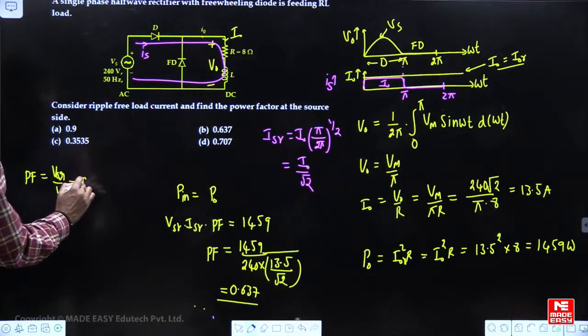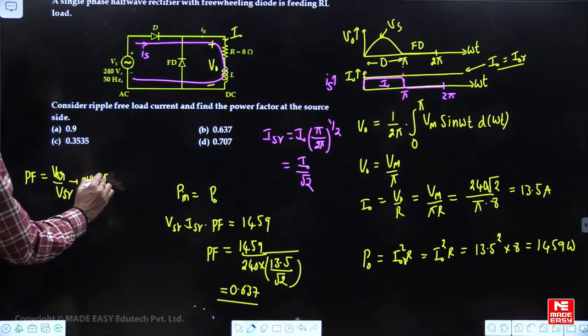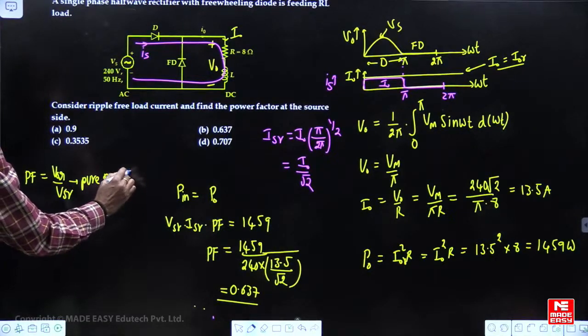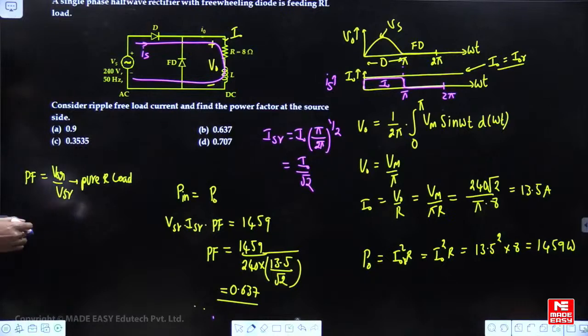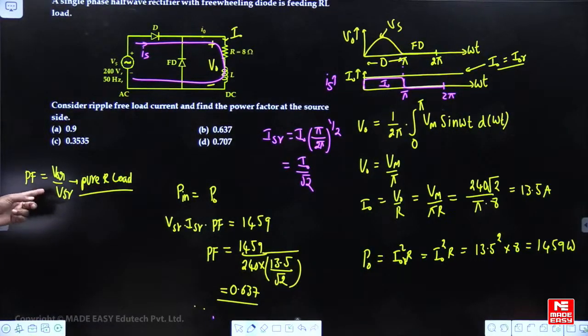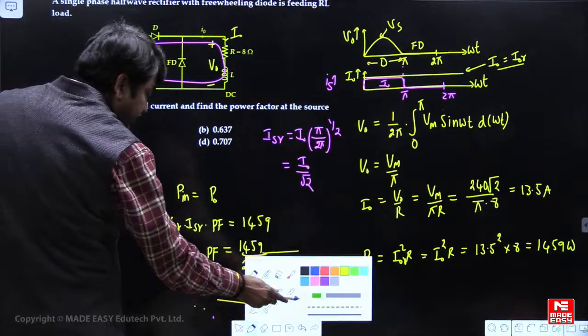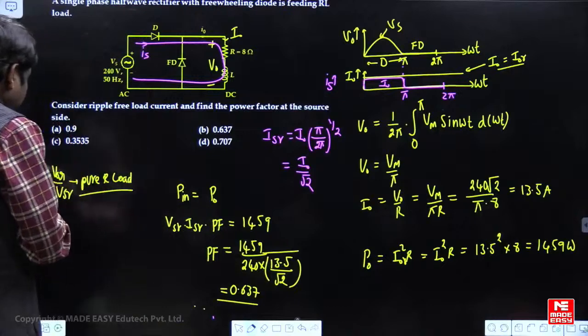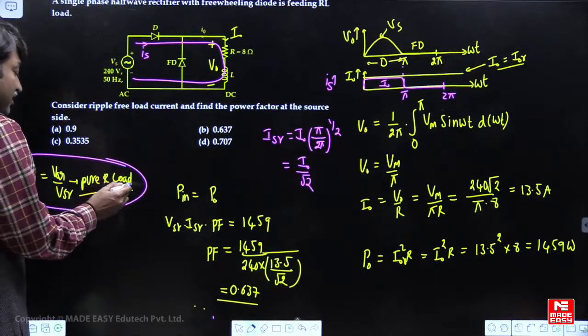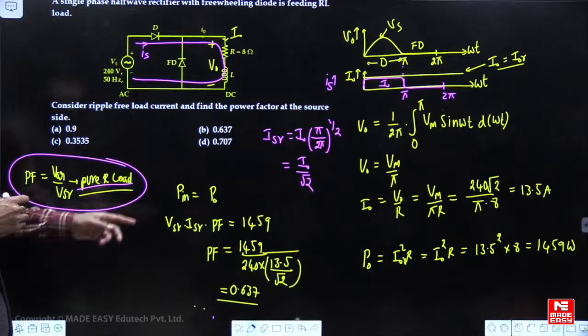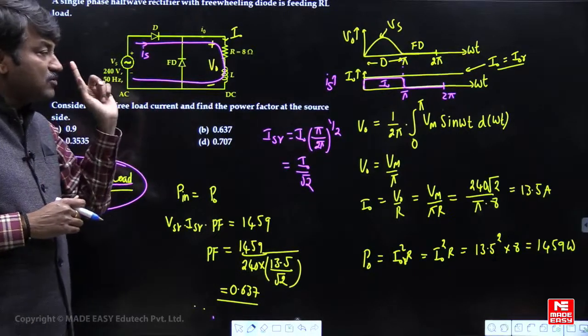This is for pure resistive load. This formula is not valid for RL load. Some of the students used this formula and got the wrong answer. So be careful, my dear students. This formula is applicable for pure resistive load, but in our case it is RL load.